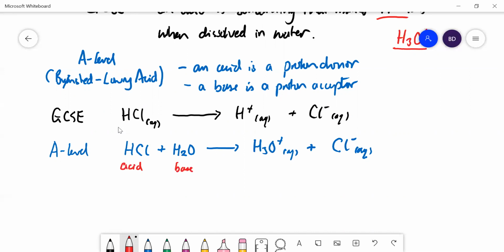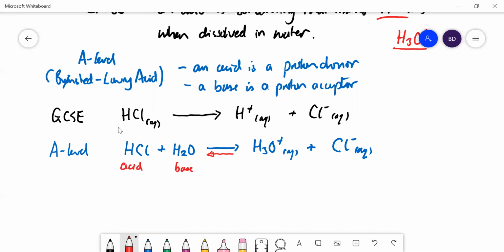Now, HCl is a very strong acid, so it's not really an equilibrium, but there is a tiny amount which will be undissociated. So let's think of it as an equilibrium for a minute. Imagine this reaction was going backwards.